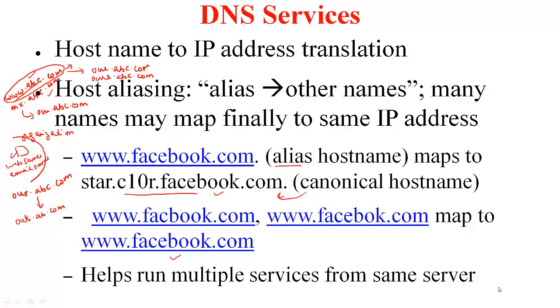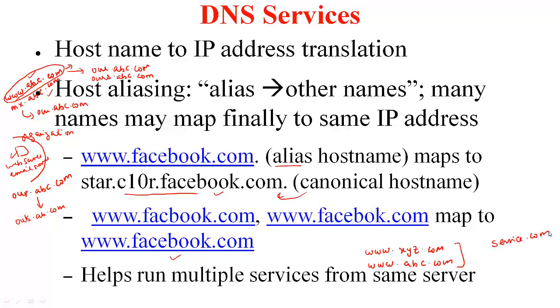There is another advantage of host aliasing. Suppose you are a small organization and this is your xyz.com, and there is another organization which is also small. Let me again call it abc.com. These organizations are so small that they don't want to run their own web server. So they buy the service from some other server that is hosting these web servers. Let us call it service.com.